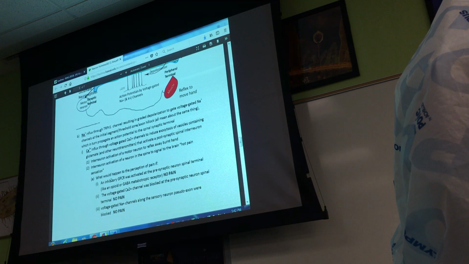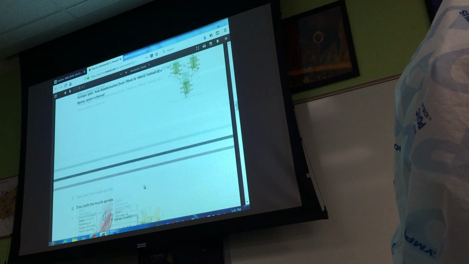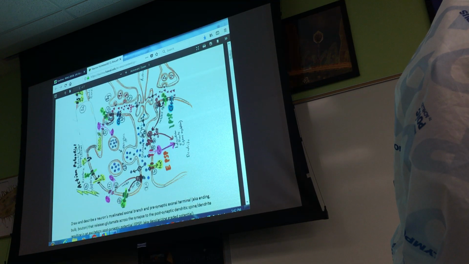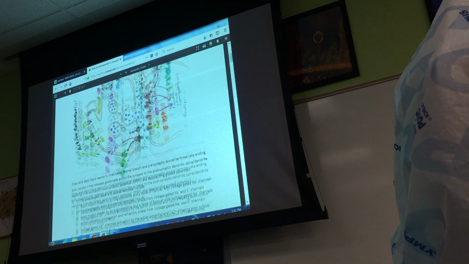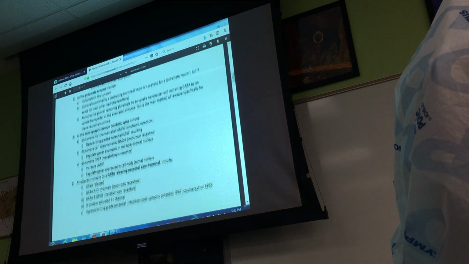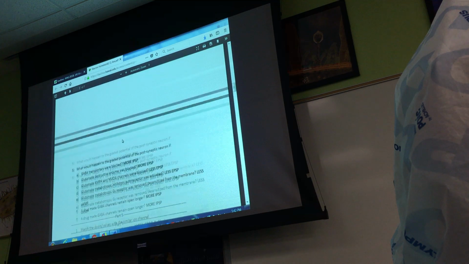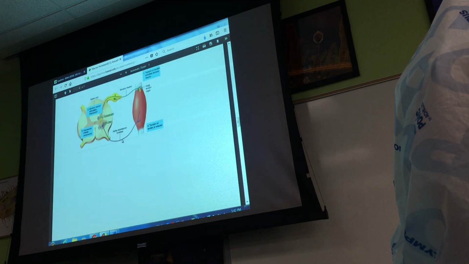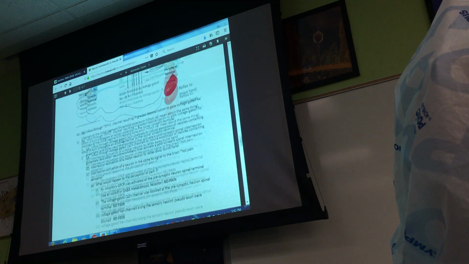So we go up to this picture and say, okay, presynaptic neuron terminal, that's this one, that GPCR. What would happen? Well, it's going to inhibit the release of glutamate. So that would mean that there would be no pain because the glutamate is being released due to pain. Does everyone get that? Excellent.